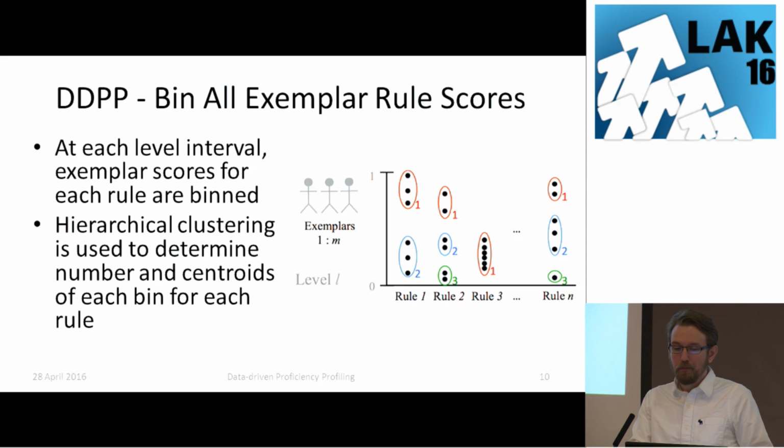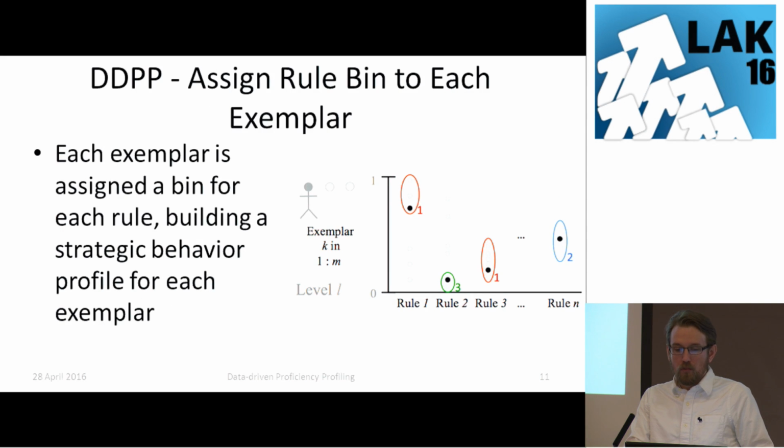Then we do that for each rule. Then we take those exemplars, those people, and we assign them a bin for each rule. So instead of that being the score anymore, we just take which one of these clusters the student is in for each one of the different KCs.